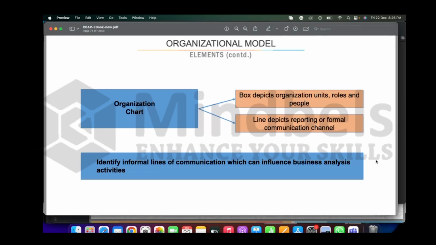Organization chart, we are all aware. It basically gives you the hierarchy of the department or the business or the company itself. Starting from CEO, then you have VPs, EVPs, then directors. So there's something called a hierarchy chart, which we call an organization chart.